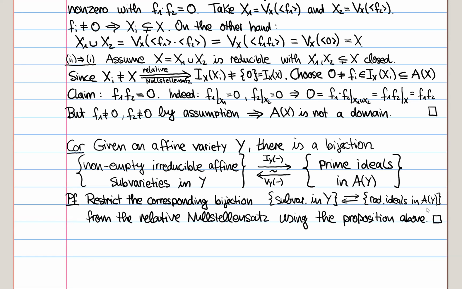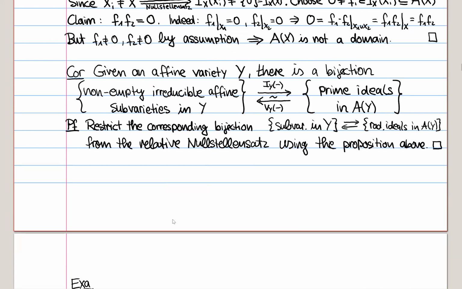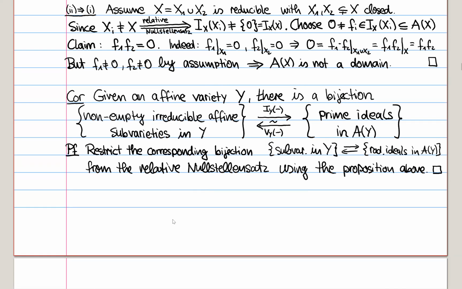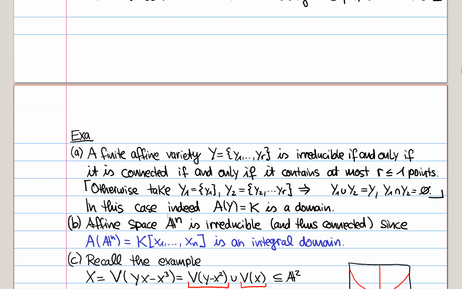And so the proof basically just follows directly from the previous result. Okay, so that was the theoretical prediction, and now we can look at some examples and apply this.